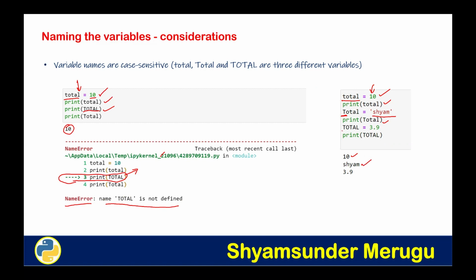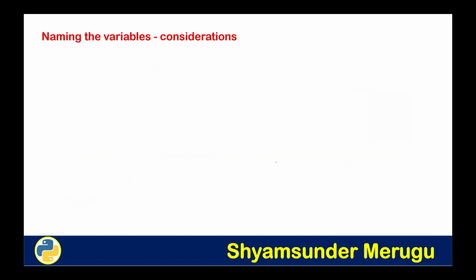Now again you take another variable total assigned with a float value, then you print it, and you get 3.9 as output. This way variable names are case sensitive. In Python everything is case sensitive, so you should be very careful. If you use any variable before it is defined, it throws an error which is called a name error.